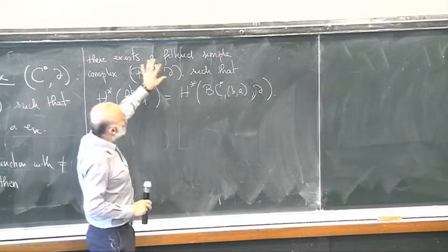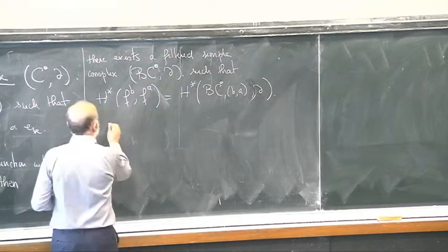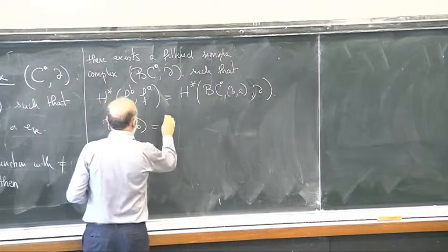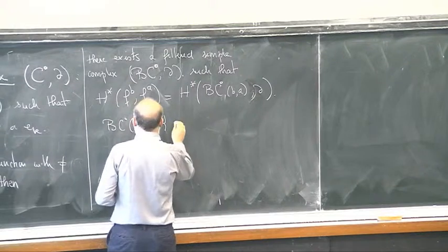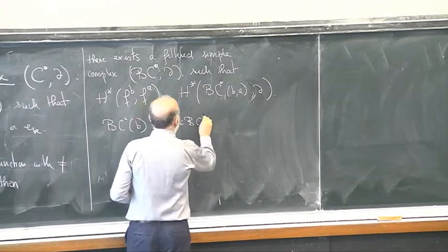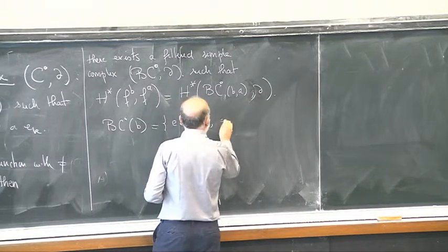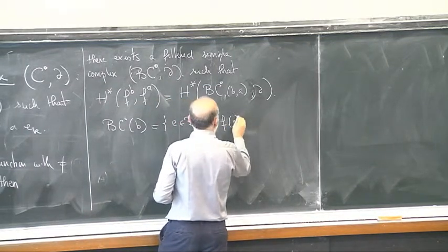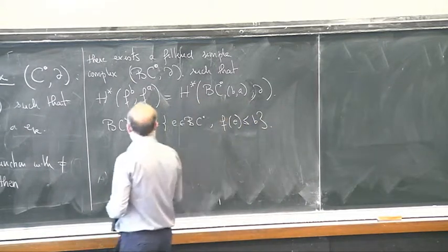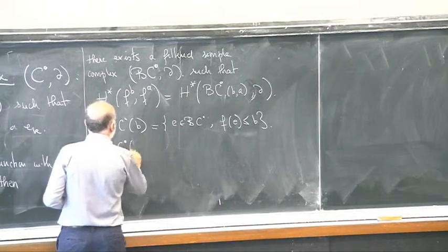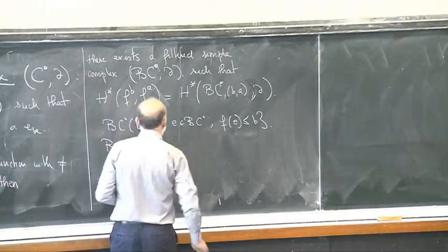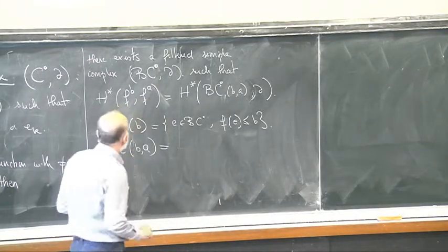So what I mean is that BC star has a filtration. You can write BC star of B, which is the set of E in BC star such that, I will still call F the filtration, F of E is less than B. You will see in a second how you construct this complex, and then it will be clear what happens.